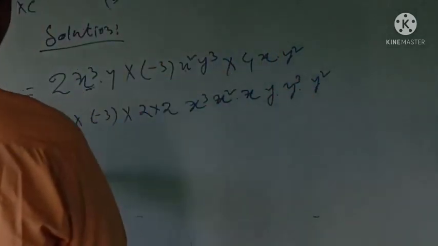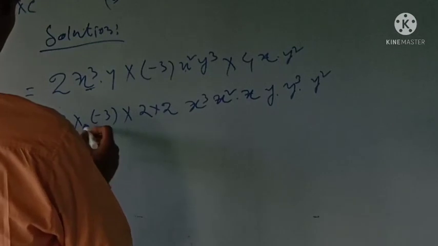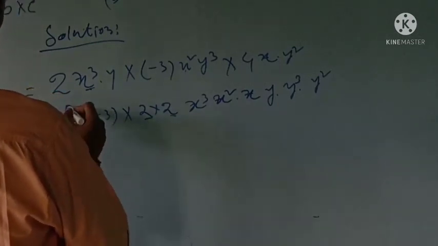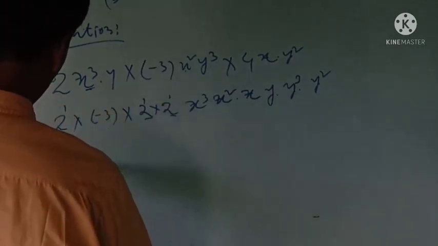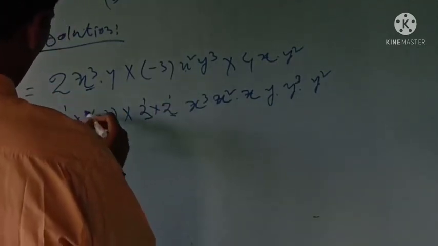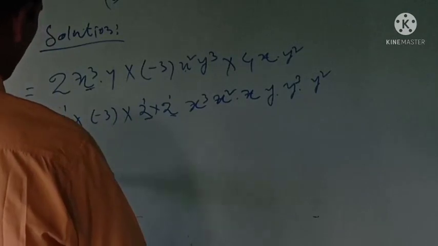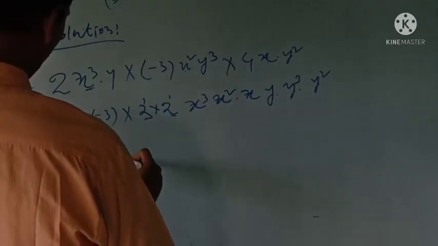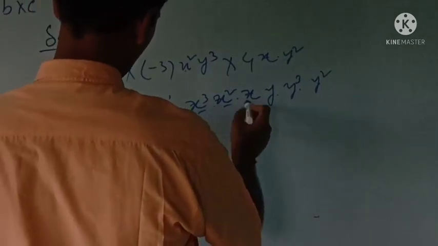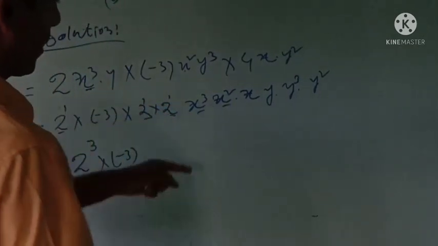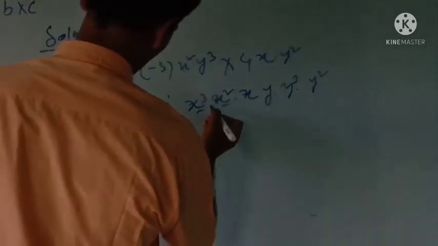Okay, now in the following step you see 2, 2, 2. Here 2, now no power means power 1, here 1, here the power is 1. So what you can write, 2 raised to the power 1 plus 1 plus 1, which is 3, into minus 3. Now here the base is x, here also the base is x, and the powers are 3 and 2, and in between what sign is there? Into.